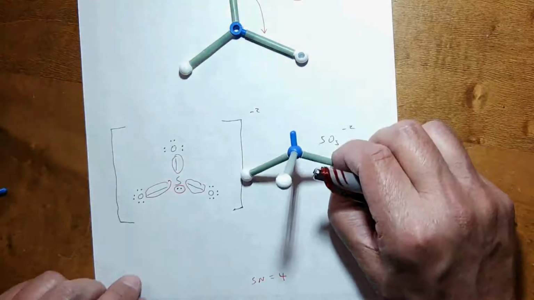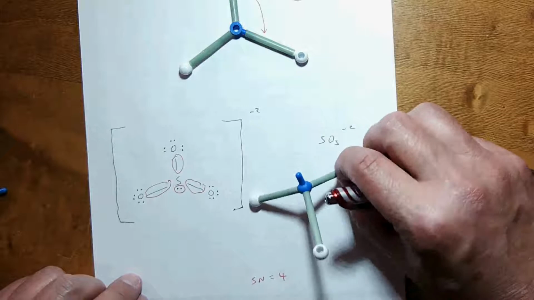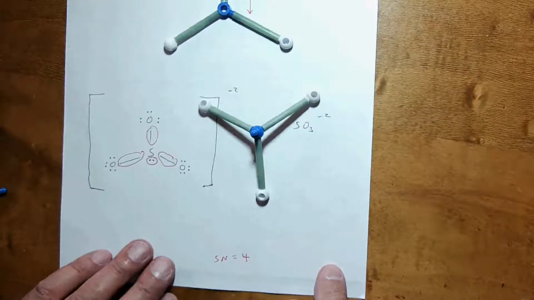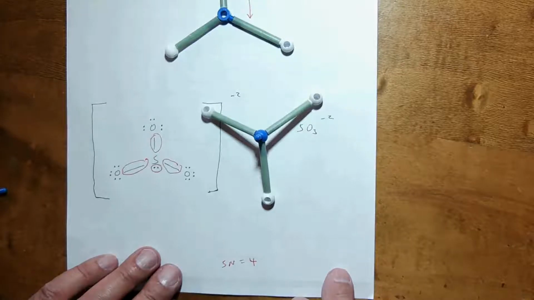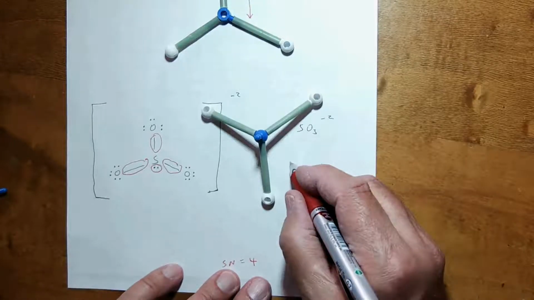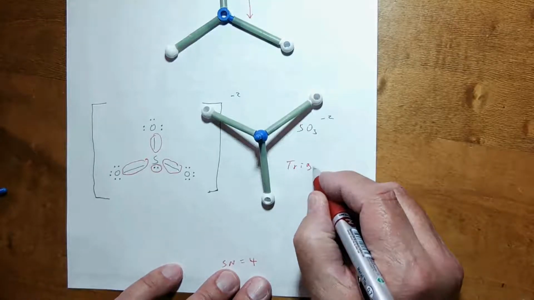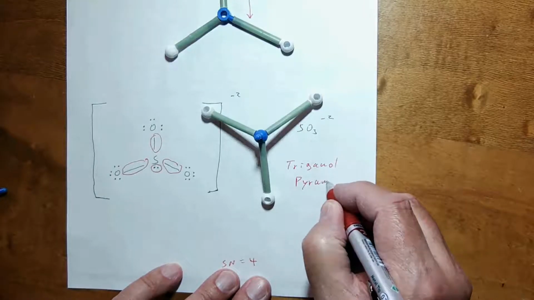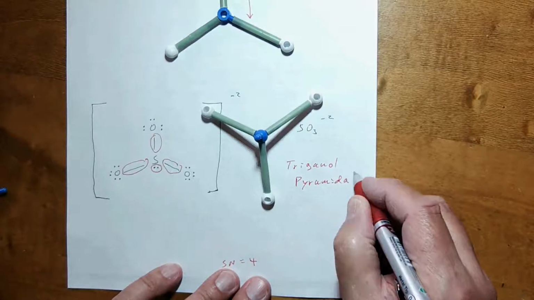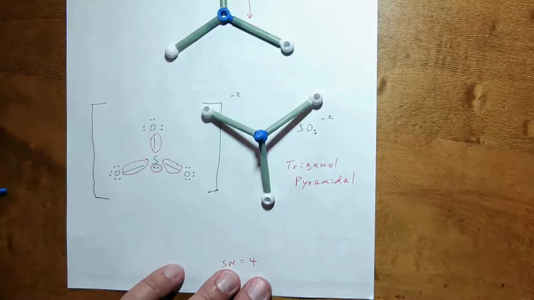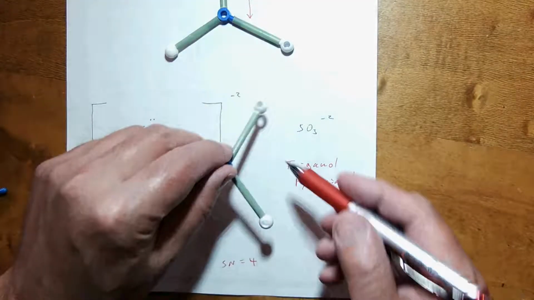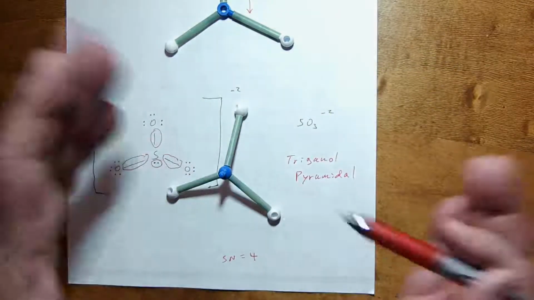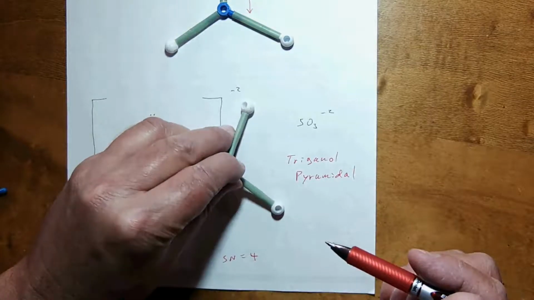And you can see it's quite three-dimensional. In fact, it's shaped kind of like a 3-sided pyramid, right? So what do you call this shape? Trigonal pyramidal. He's shaped like a three-sided pyramid. And your bond angle here would be a little bit less than 109. Again, that lone pair is going to make everything else constrict a little bit.